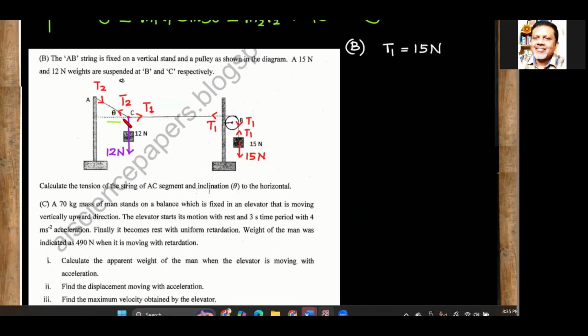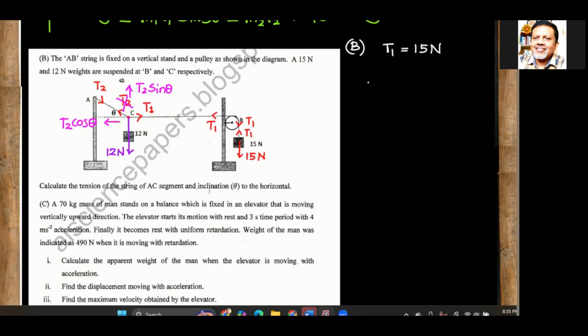Okay, this color. It will make T2 cos theta, and at the same time it will make another component, that is T2 sin theta. Right, so we can cut down this T2 because we are going to consider its vertical and horizontal components.